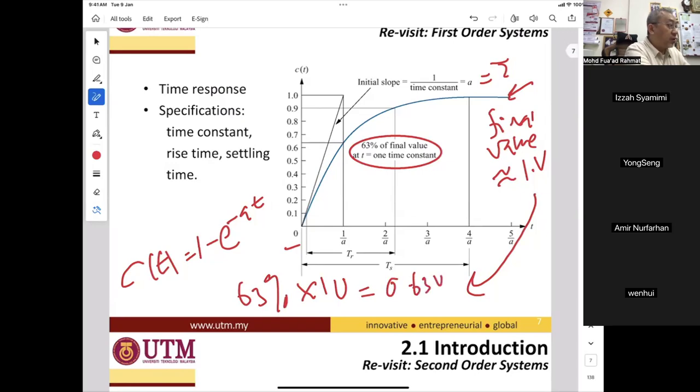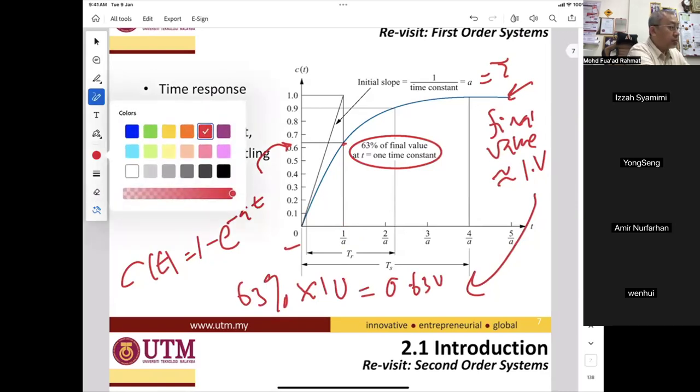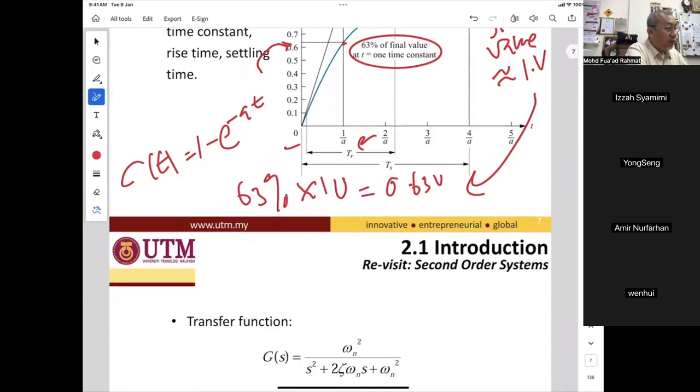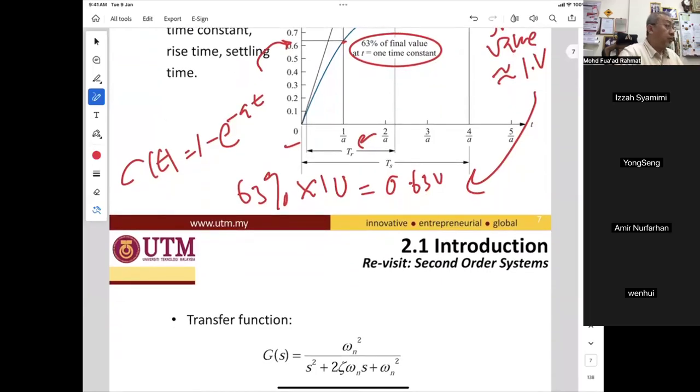So around here, the corresponding time is here, which is 1 over A. Once you get the time constant, the rest we can know, which is the rising time, which is 2 over A, and settling time, which is 4 divided by A. So please remember the corresponding formulas.